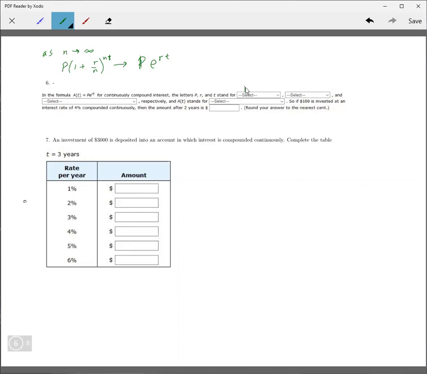So P is the principal. R is the interest rate per year. T is the number of years.